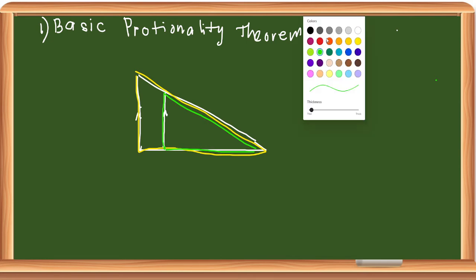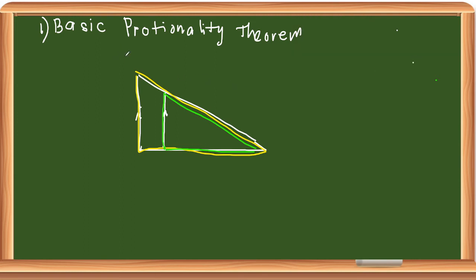Okay, let's say, proportional. For example, this is ABC. And we have D, E here. Okay? So, we have a triangle.